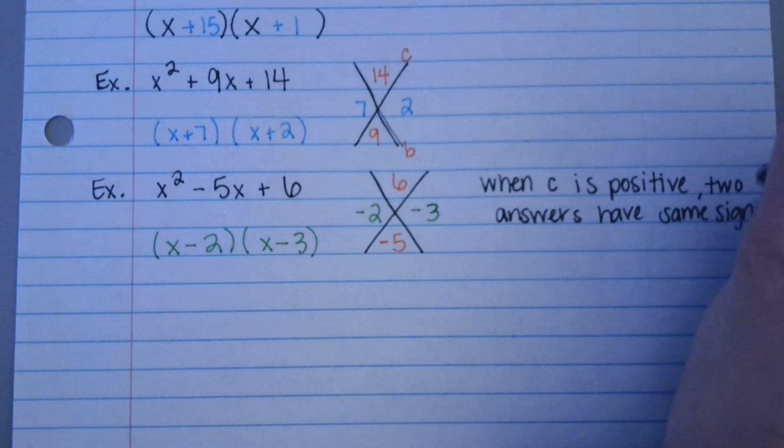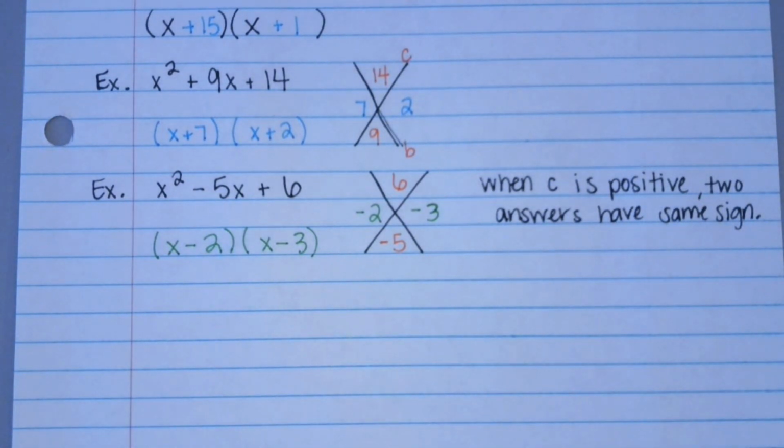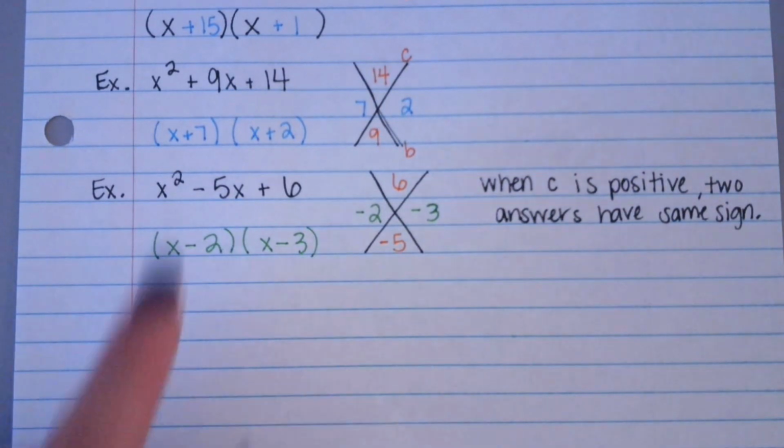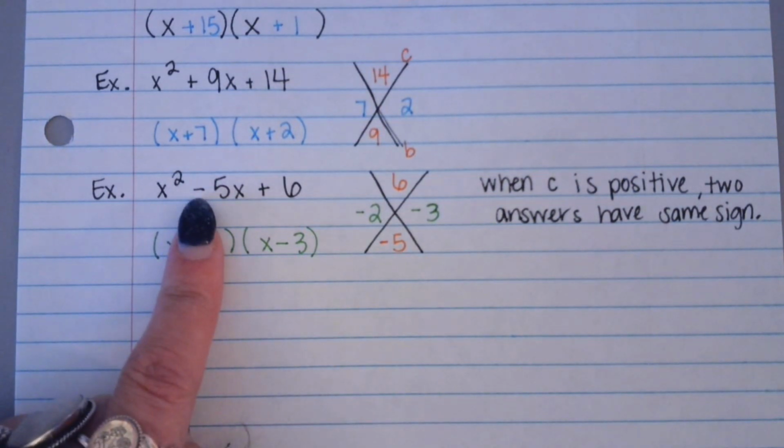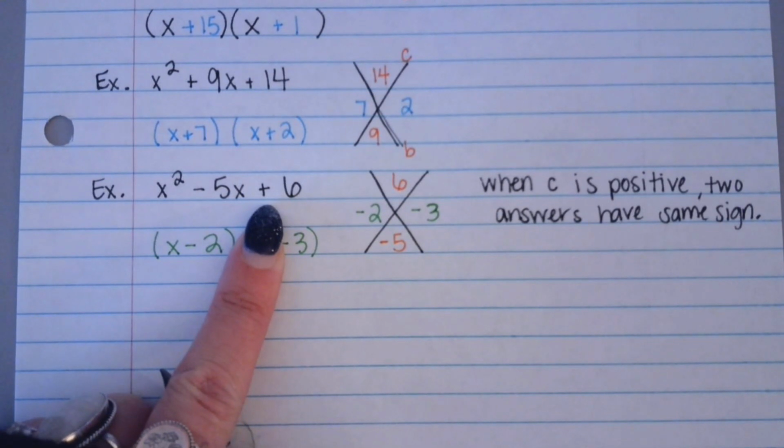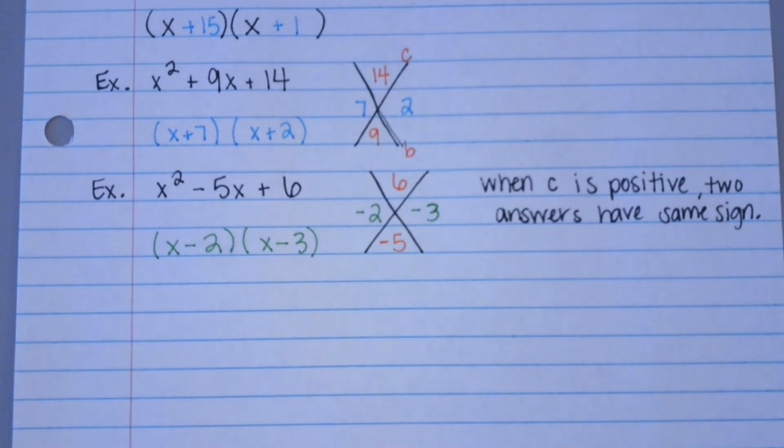Notice in all three examples we've done, they were plus, plus, plus, plus, minus, minus. And our C value was positive in all three of these examples. Because the only way to add up to be a negative, but multiply to be a positive, is to have them be a negative times a negative.